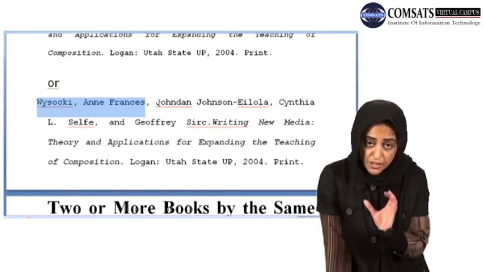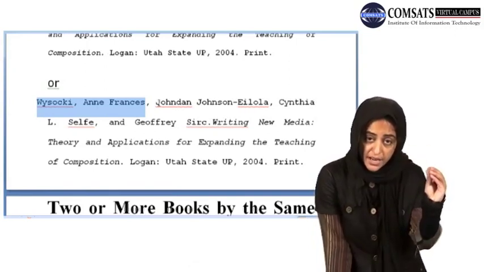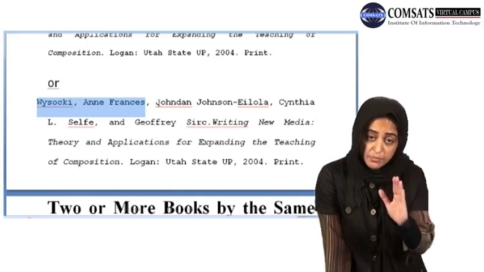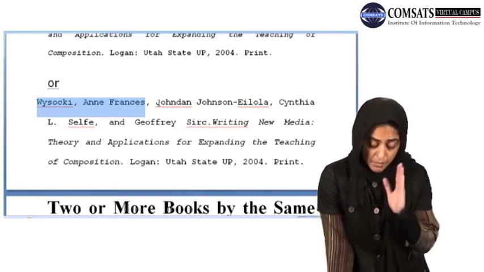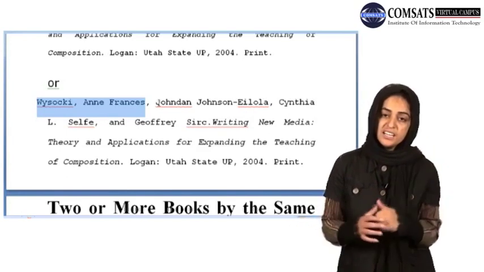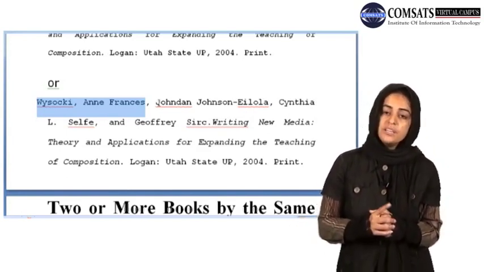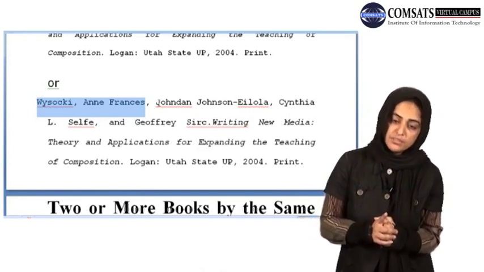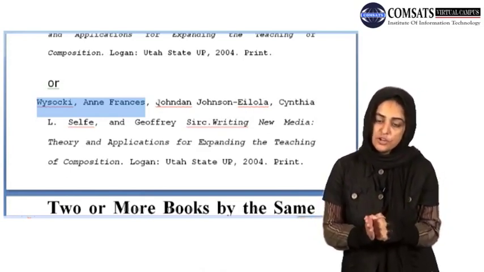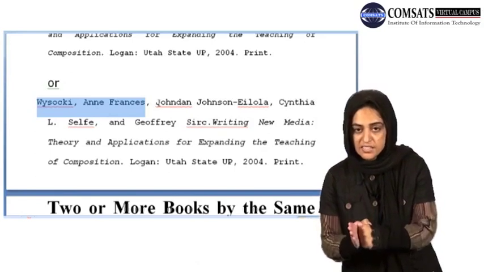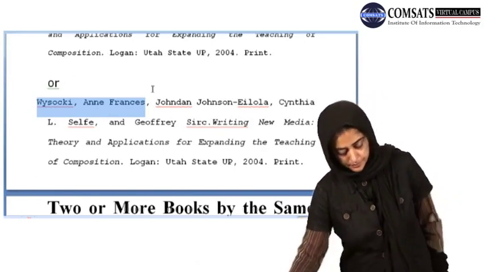For only the first author we will be picking up the last name first and then the first name and the middle name. But in the case of the second, third and onwards other authors, you will not be going for this reverse order of the names. Their names will be written in the normal first name last name format.